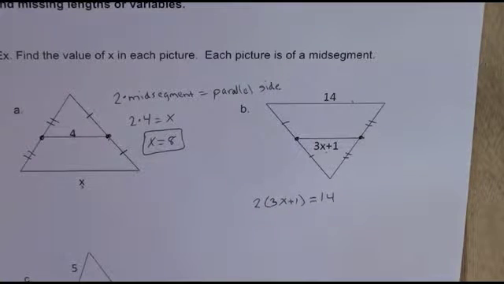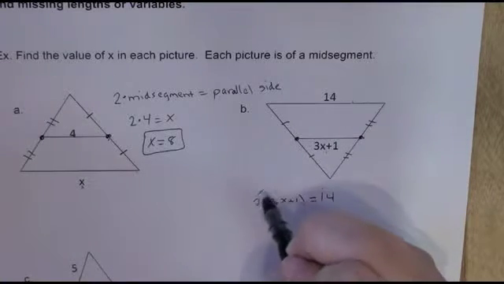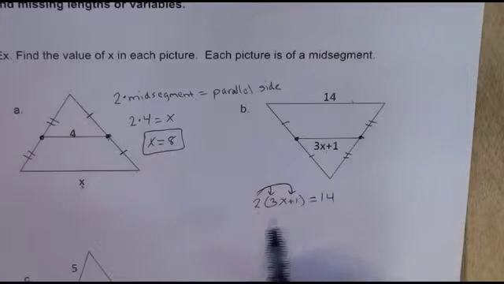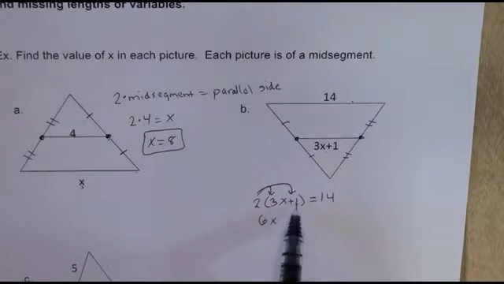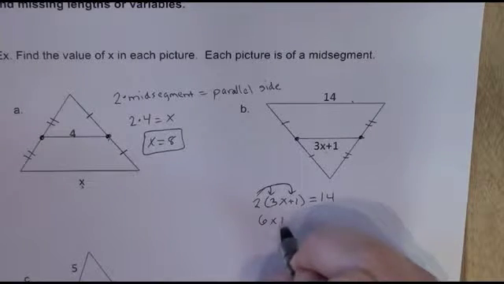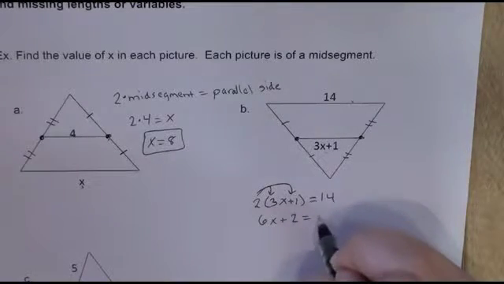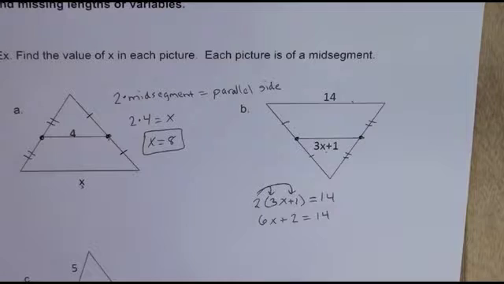Now this requires a little bit more work than example A, but not too much. We have parentheses on the left side that we need to distribute over. So 2 times 3x is 6x. 2 times 1 is 2, equals 14.